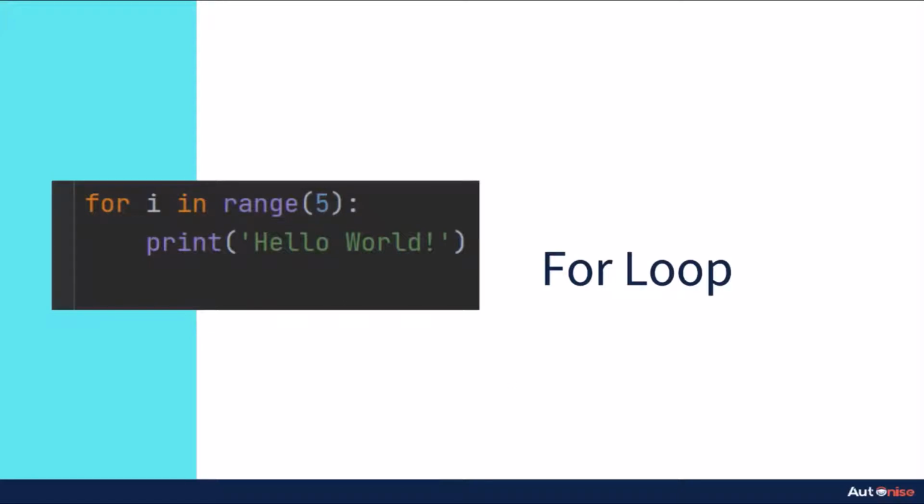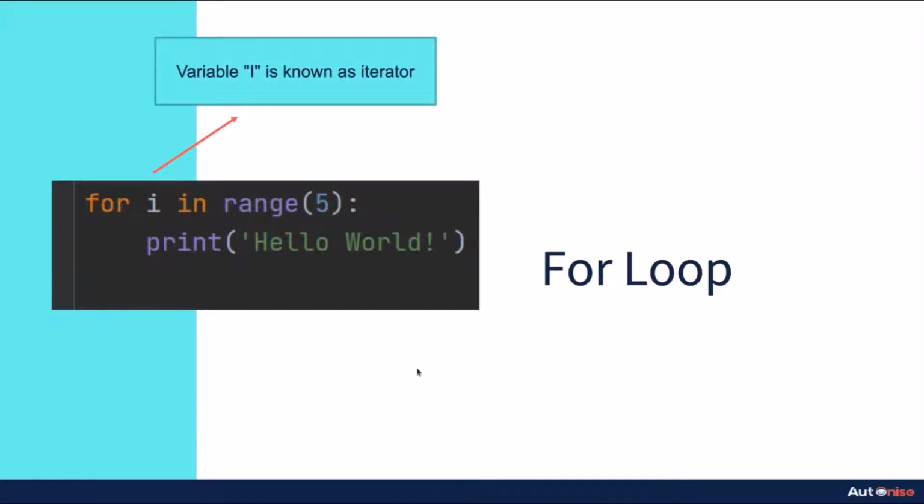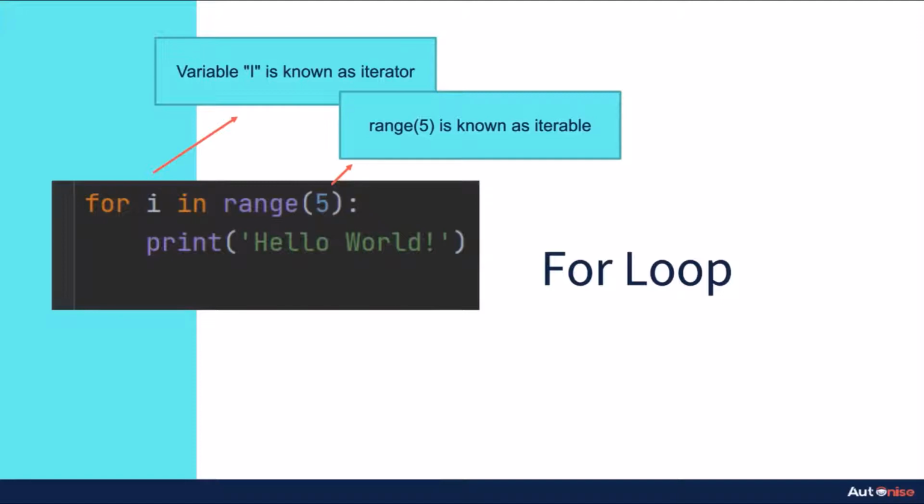Next, we have the for loop. In a for loop, the first thing is an iterator and the next is an iterable. To make a for loop, you need two things: an iterator which will iterate from the starting to the end position, and an iterable which will provide the starting location and the end location.